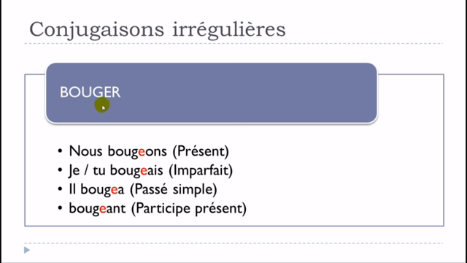So ge and je, all right? So the only possibility that we've got to make this phonetical connection between this form and the infinitive is by adding this E here, okay? And so when you put this here, you will get the sound bougeons, okay? And in that case, you know what verb we are talking about. Nous bougeons, all right? So it's only this nous form that will be affected at the present tense.